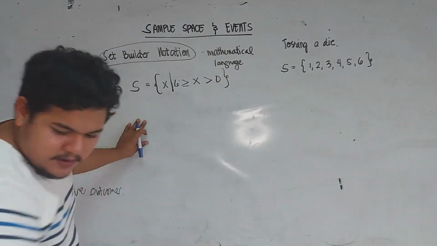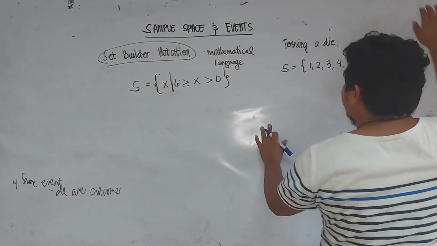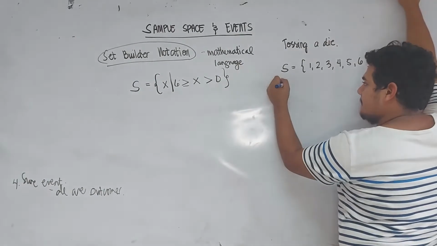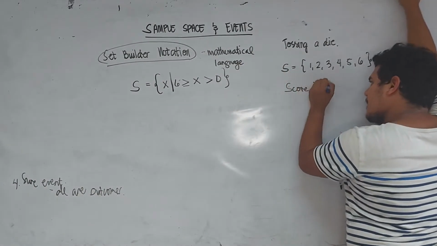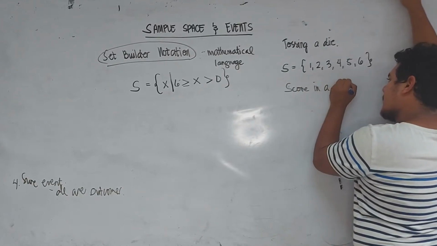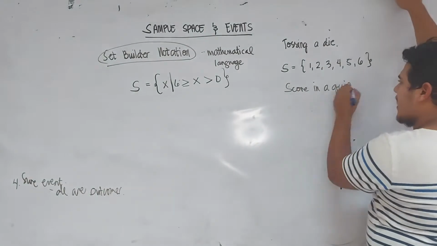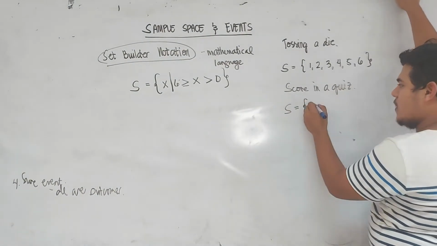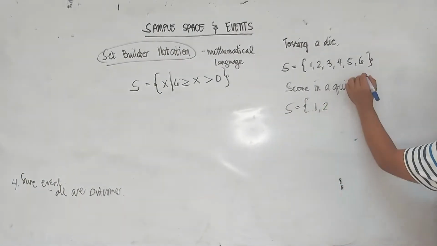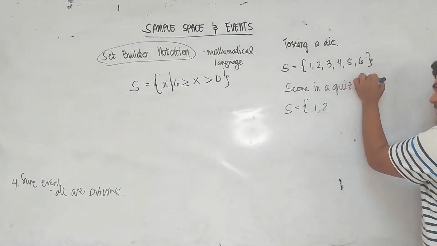Example, I have another given. The probability of, example, I will give a quiz. Score in a quiz. Atong quiz last time, ang score kay 65. So, S equals, 10 na lang. Example na, scoring a quiz. I will give you a quiz, 10 items.